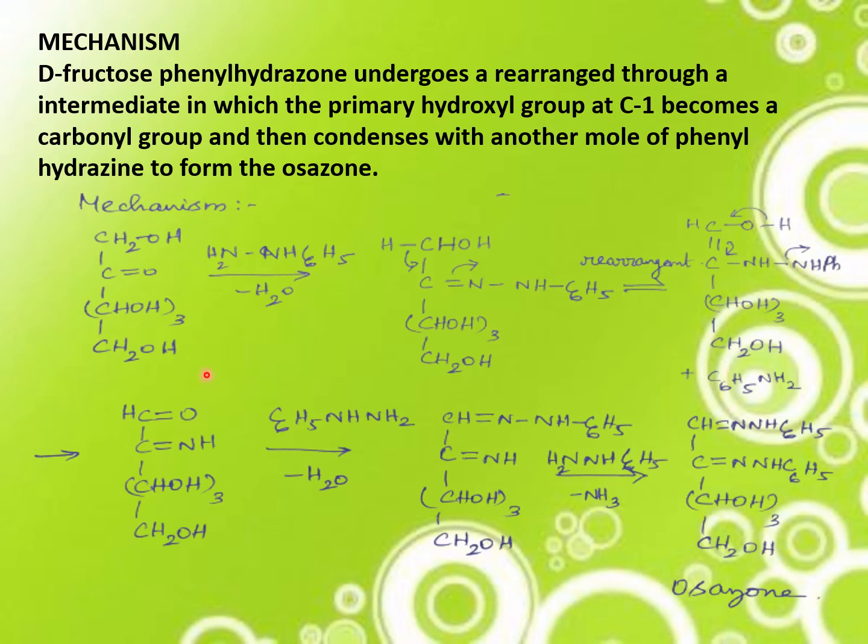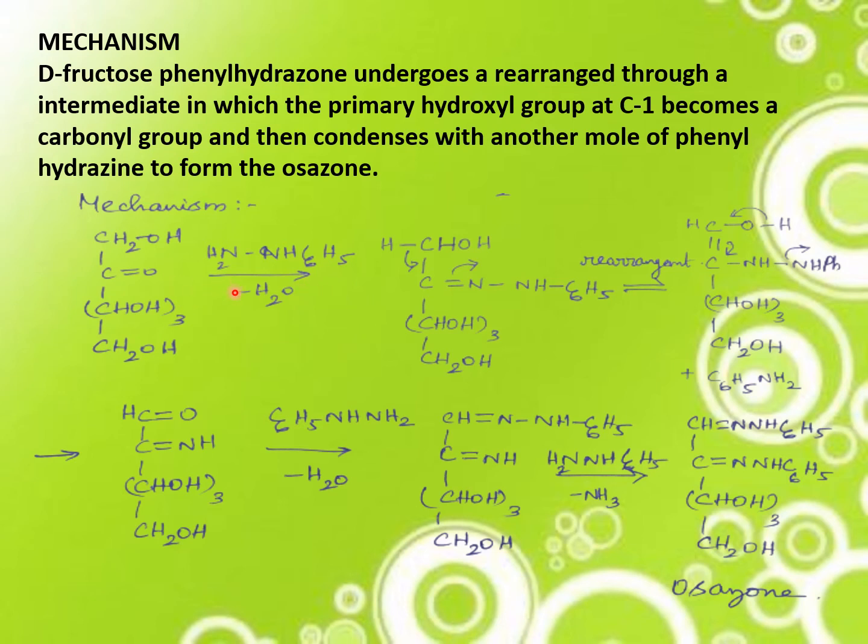This is D-fructose. Here CH2OH, second carbon C double bond O, third, fourth and fifth carbons we have combined together and mentioned as CHOH 3 times. And then this is the last carbon, sixth carbon CH2OH. This is going to react with phenyl hydrazine, NH2NHC6H5.